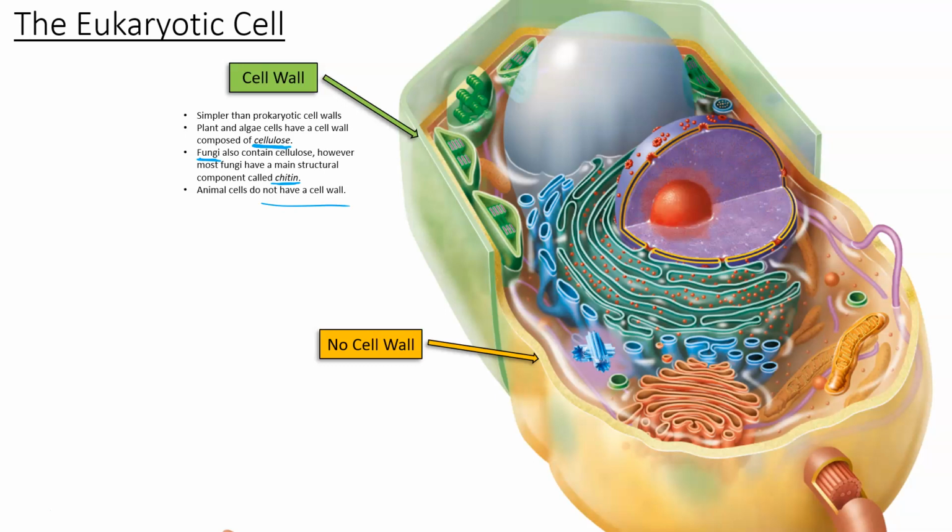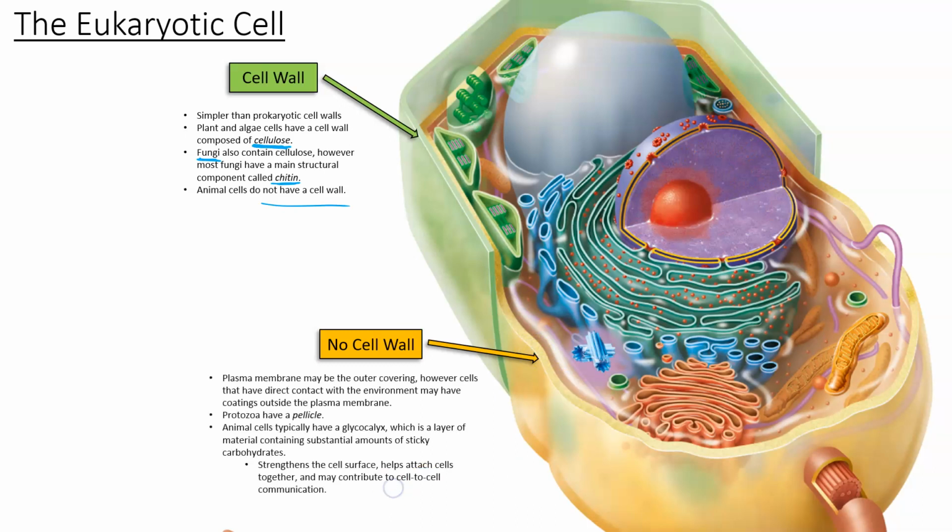But the lack of a cell wall indicates that the plasma membrane is on the very outside of animal cells. Okay, so the plasma membrane is our boundary in animal cells. It is the boundary between inside and outside of the cell.